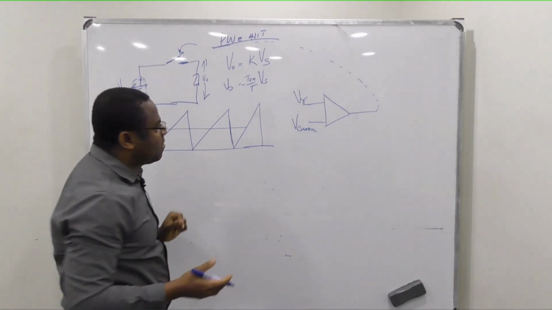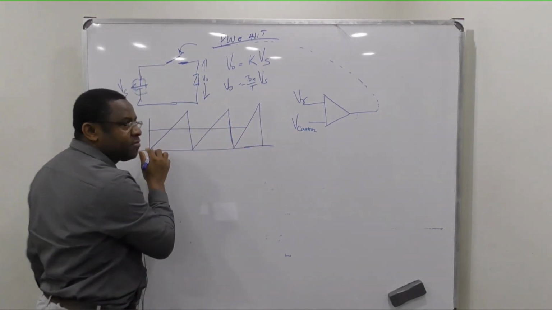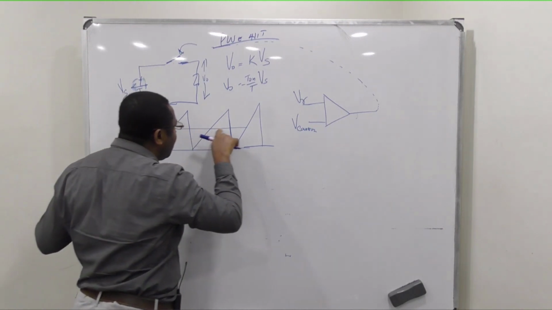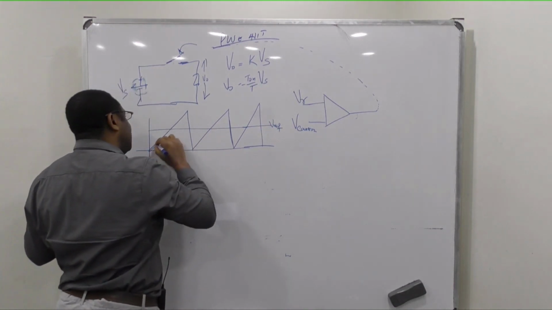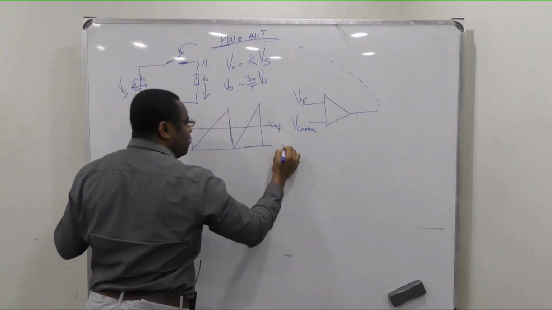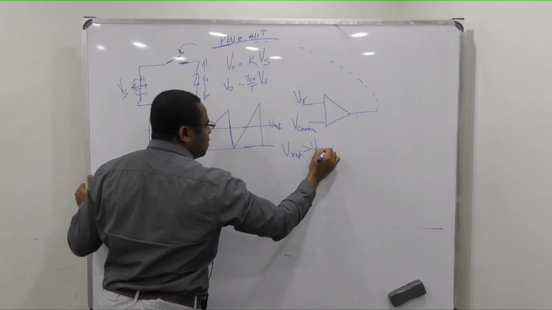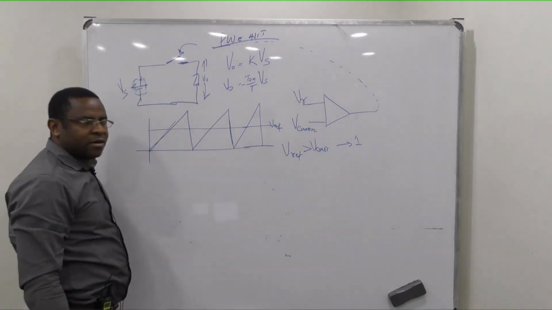Now let's see what I am saying. Whenever the reference signal Vref is greater than the carrier signal V carrier, we want this to output 1.